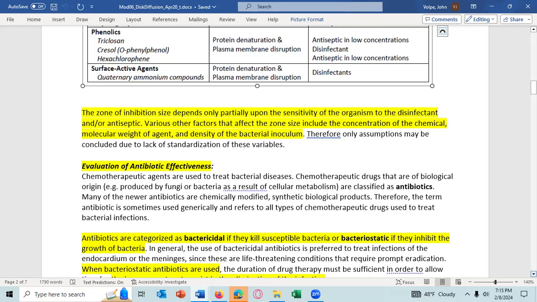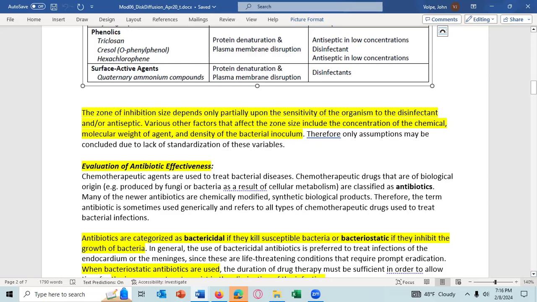The molecular weight can affect the size of the zone of inhibition. Generally, the smaller the molecular weight, the greater it will diffuse through the agar, and then the larger the size of the zone of inhibition. The density of the bacteria inoculum can also affect the size of the zone of inhibition. If you have a very dense concentration of bacteria, you'll have a smaller zone of inhibition. Any question about any of that?